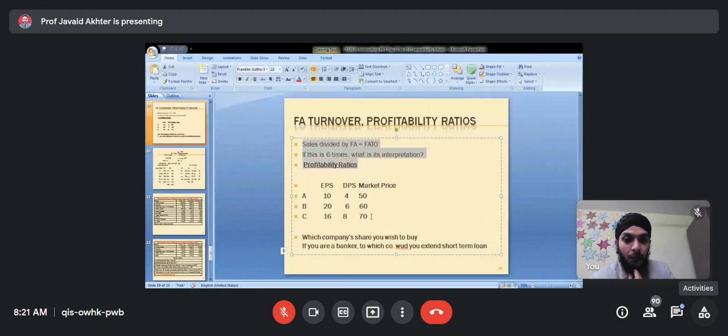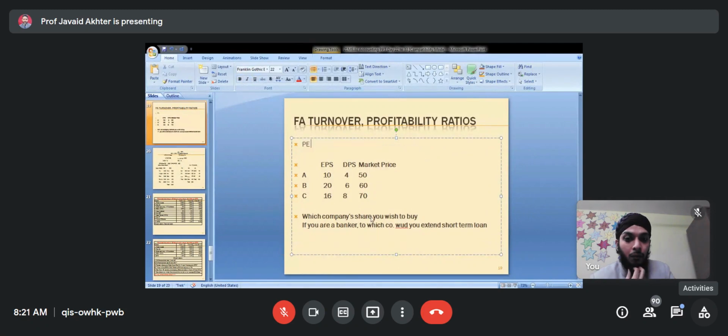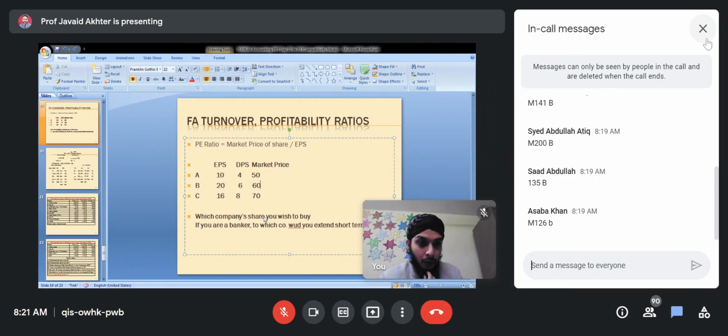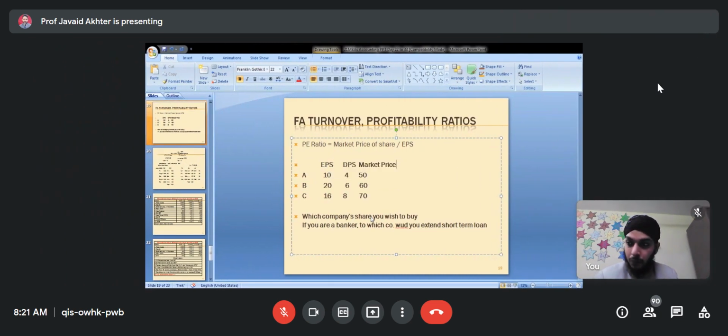PE ratio is equal to market price of share divided by EPS. Suppose market price is 50, 60, and 70 of these companies, and EPS is also mentioned.